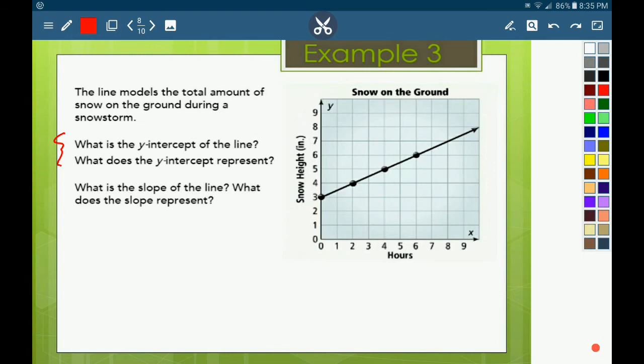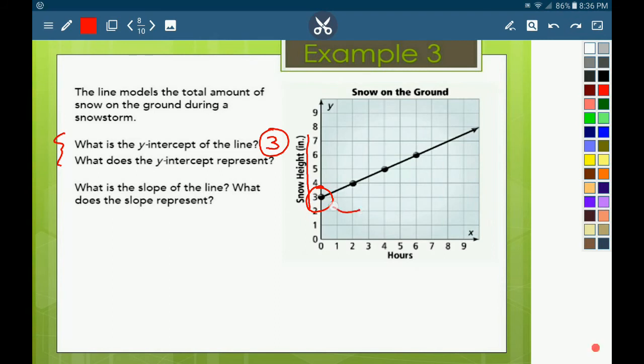Let's take a look at where the line intersects the y-axis. Here's the y-axis. So where the line crosses the y-axis is right here at 3. So the y-intercept of the line is 3. What does the y-intercept represent? Well, let's take a look at what the axes are titled. On the y-axis, the title is the snow height.